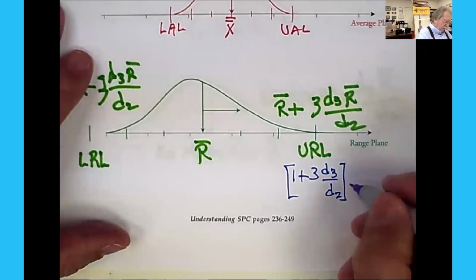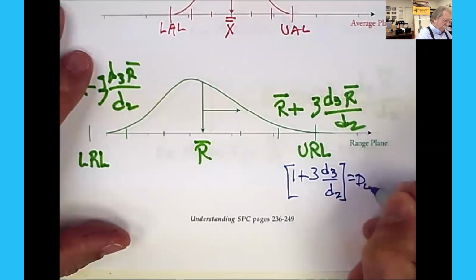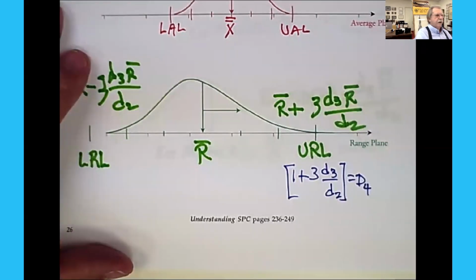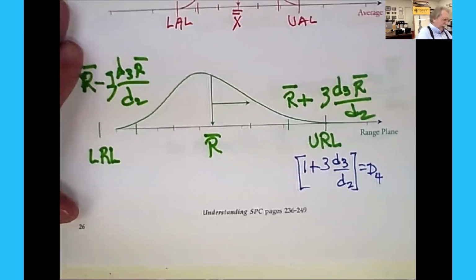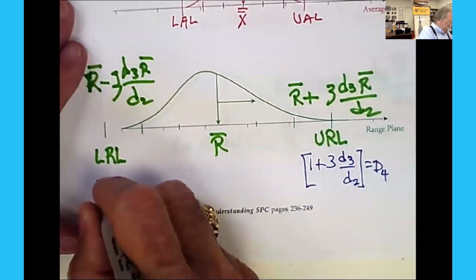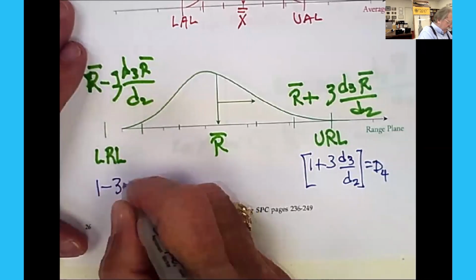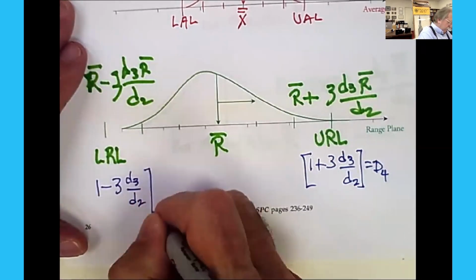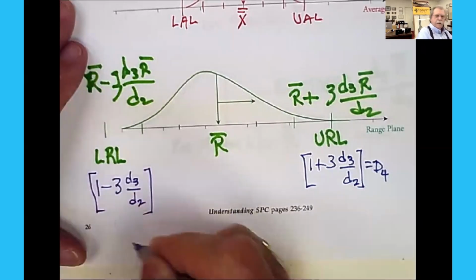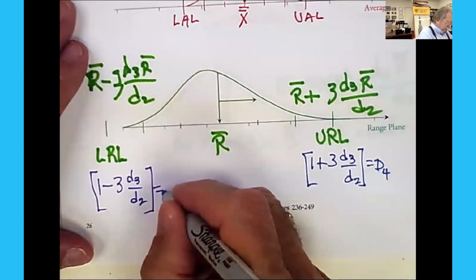That's what we call capital D4, our scaling factor. And 1 minus 3 little d3 over little d2 is a scaling factor we call capital D3.